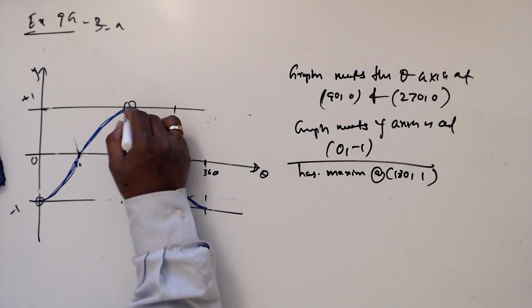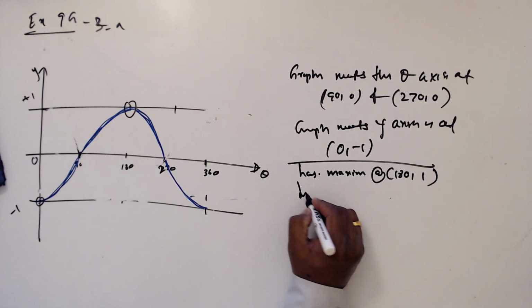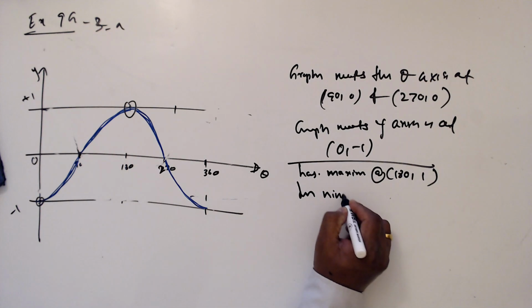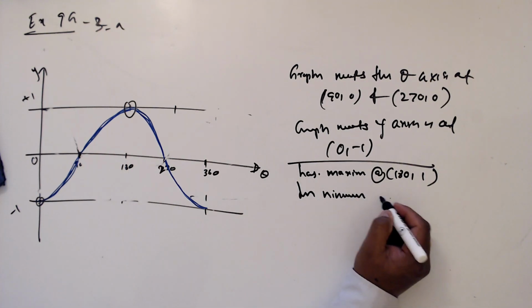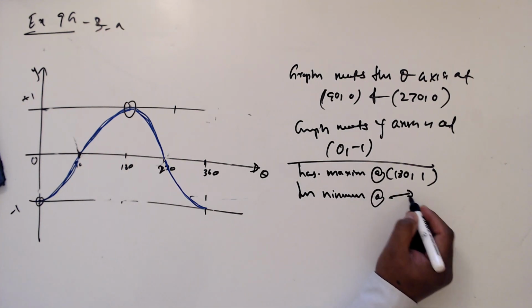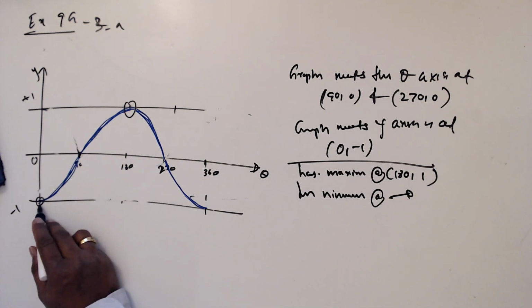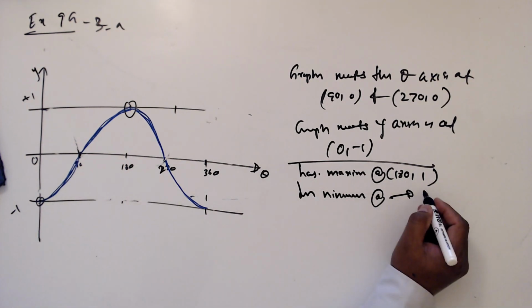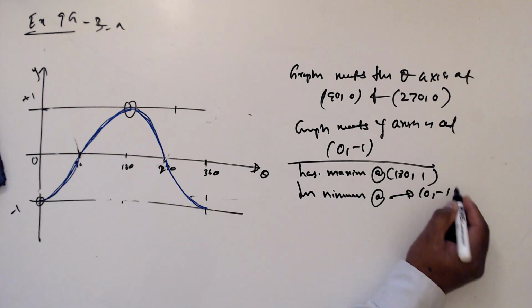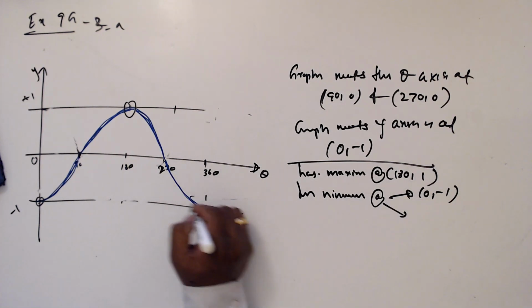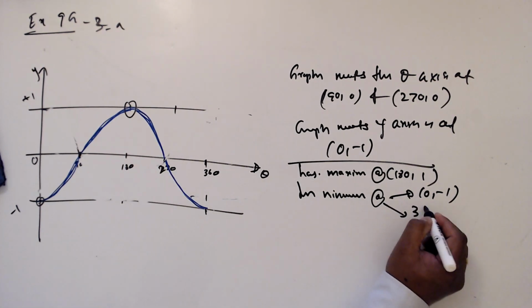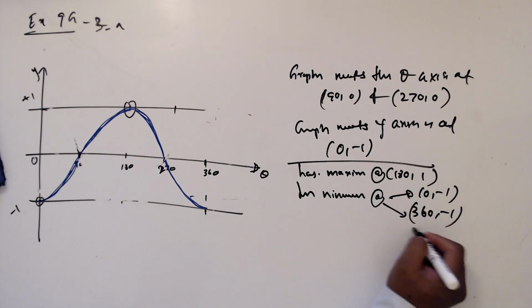This is the minimum. The graph has a maximum at 180, 1. The other minimum is at 360, minus 1.